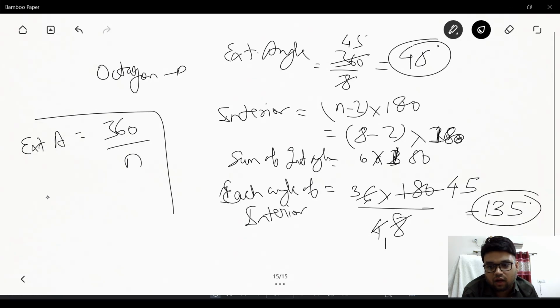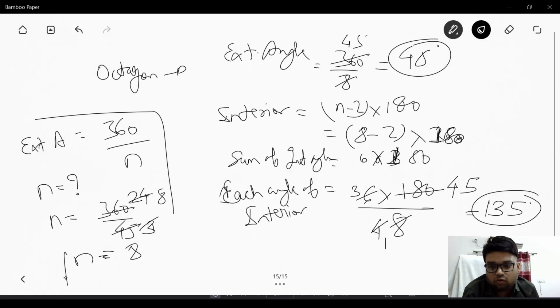They asked for the number of sides, and the exterior angle is given as 45 degrees. So n will be equal to 360 by 45 degrees. Dividing this, we get n equal to 8. This is your answer. It is simple.